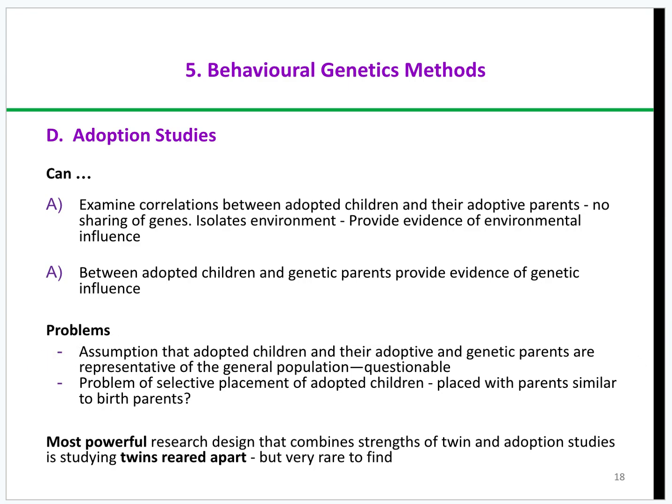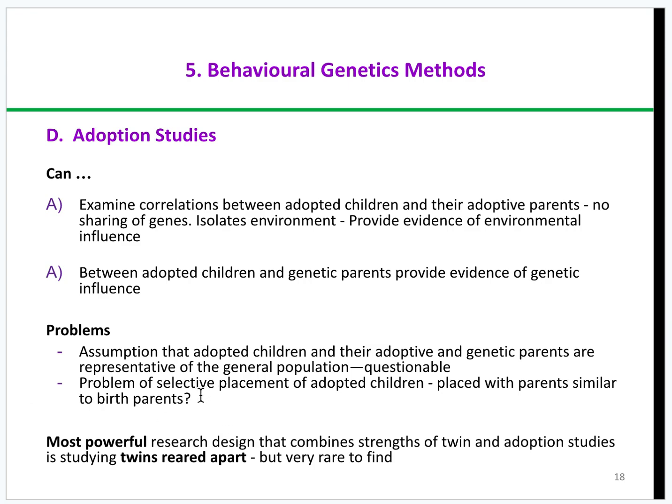Problems: the assumption that adopted children, their adoptive parents, and their genetic parents are representative of the general population is questionable. There is also the problem of selective placement of adopted children. When children are adopted, quite often they're placed with parents that are similar to the child. They try to line them up.